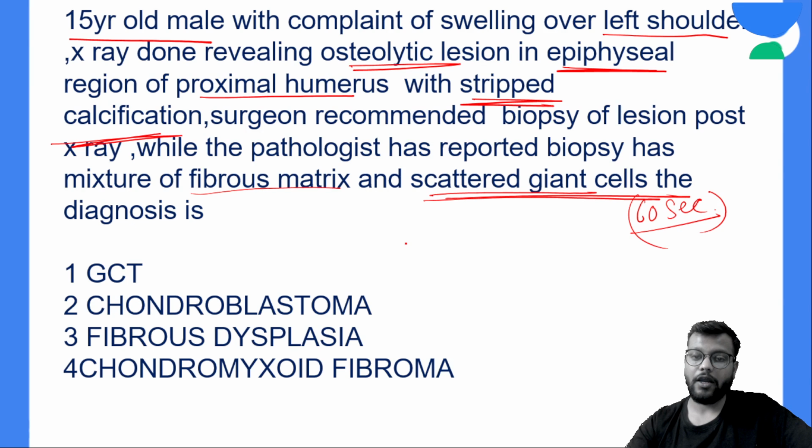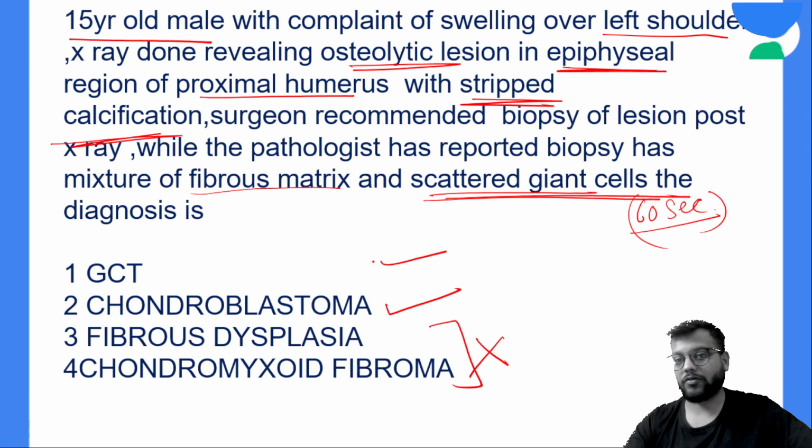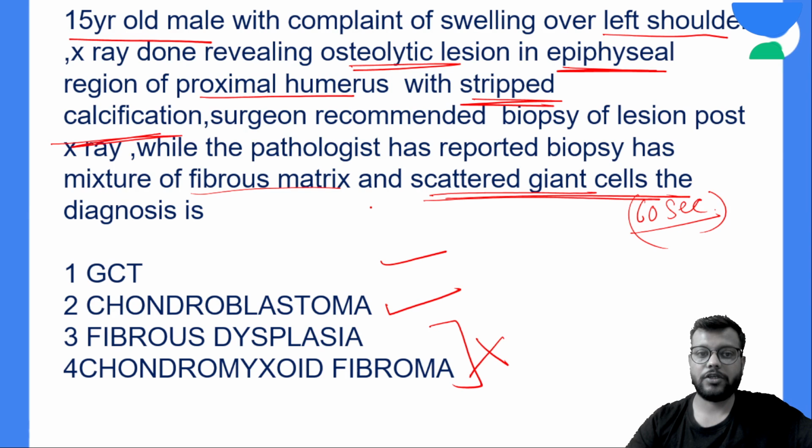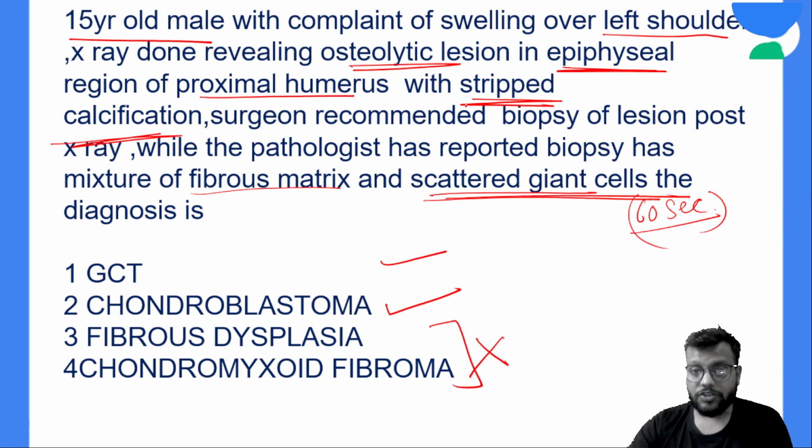So giant cells are there and osteolytic lesion is there. GCT, yes, absolutely it can be. Chondroblastoma, yes. Fibrous dysplasia and chondromyxoid fibroma do not have giant cells. So read the question carefully. Giant cells are in both of these, but this stripped calcification is not seen in case of GCT.